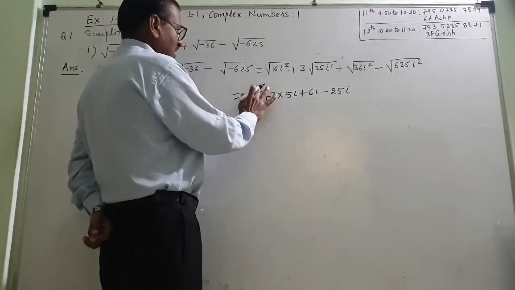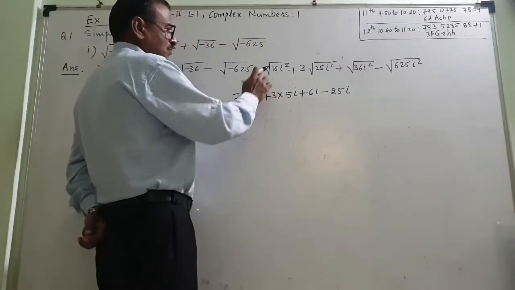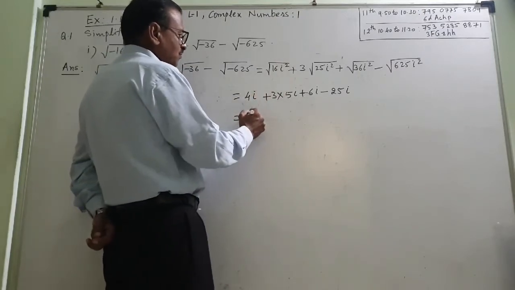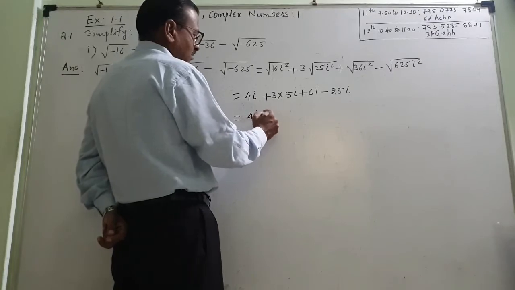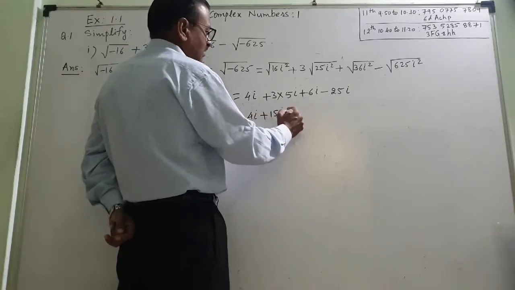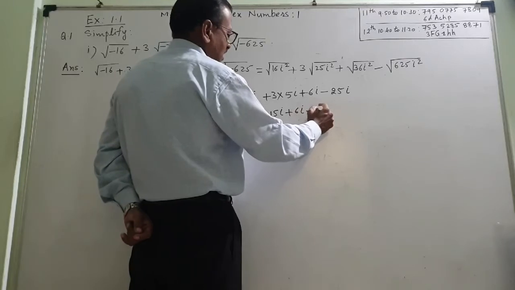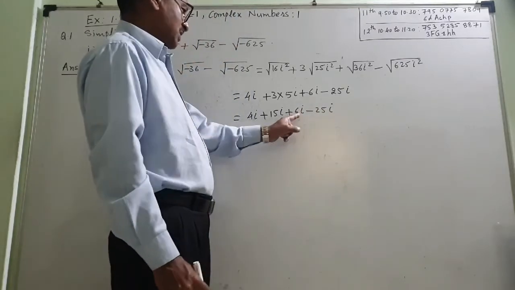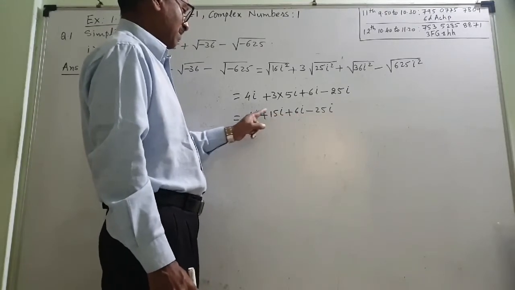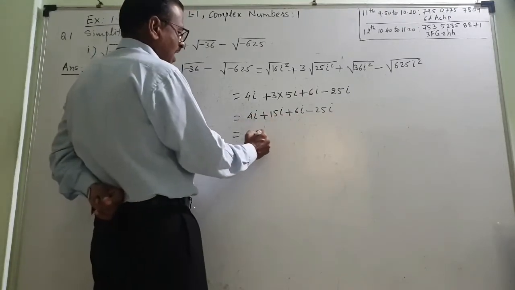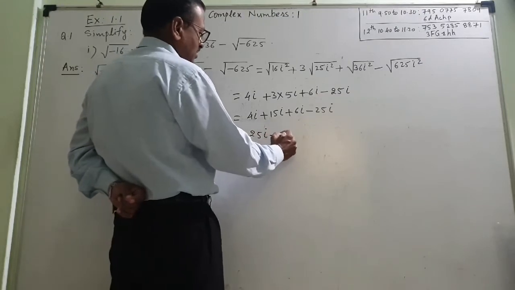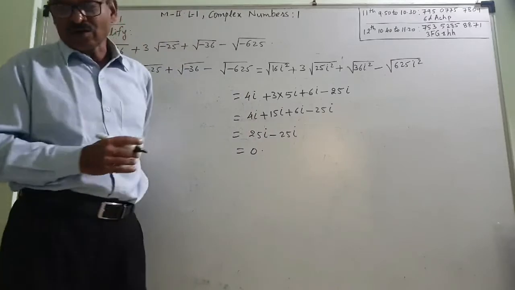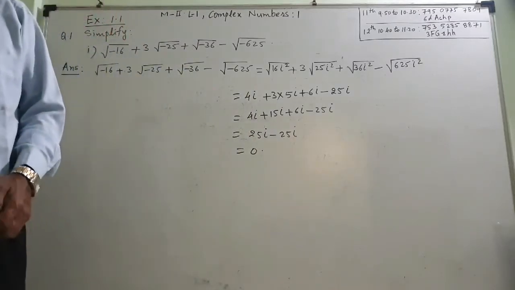Here I made a mistake, I had written i square; the root of this will be i. So that is equal to 4i plus 15i plus 6i minus 25i. That is 6 plus 4, 10; 10 plus 15, 25i minus 25i, and that is equal to 0. This is the answer. Hope that you have understood this.